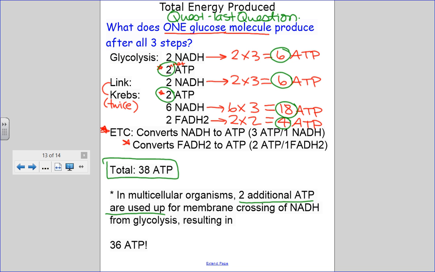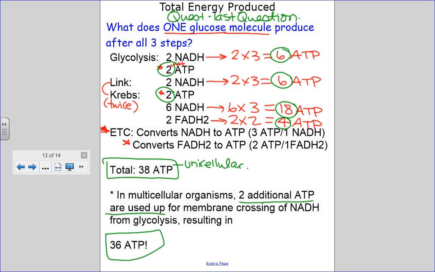For example, NADH that's made in glycolysis has to get across the membrane of the mitochondria. This means that a unicellular organism could produce more ATP than a multicellular organism. But for most organisms, and in particular for humans, which is what we are, 36 ATP is the total.